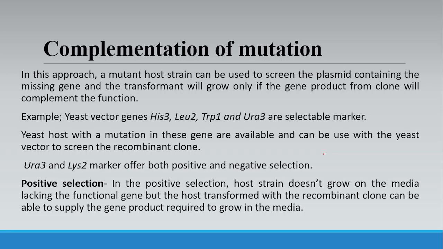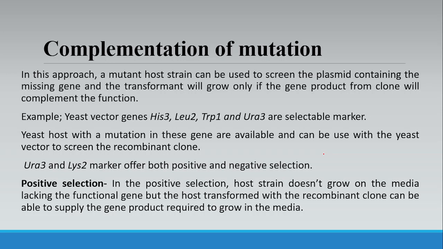In this approach, again, you need a mutant host strain. The mutant host strain contains a missing gene. It might be the missing histidine, leucine, tryptophan, or uracil 3 gene, and the gene is provided only by the vector.